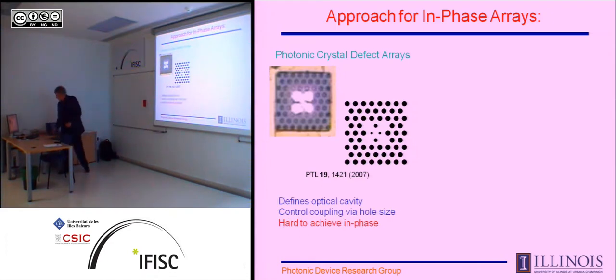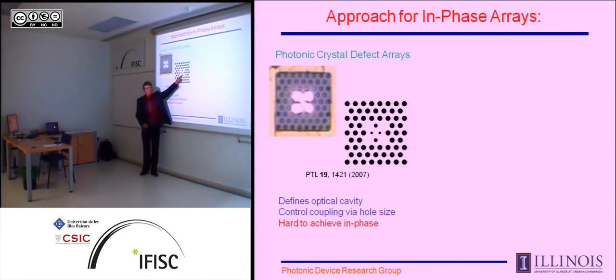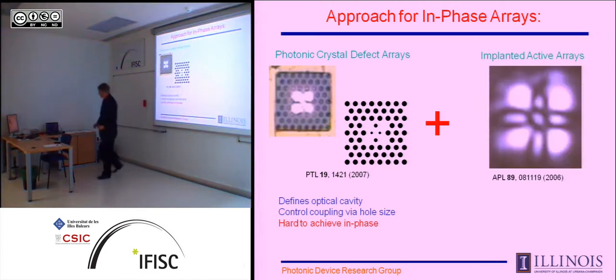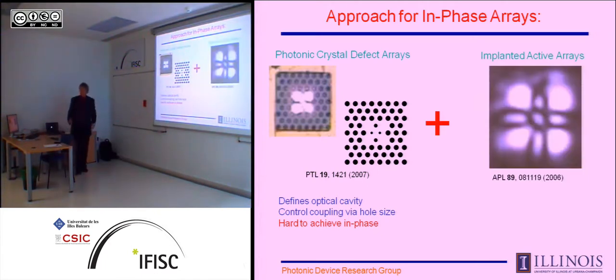And then we can combine, so we define the cavity, we control the coupling, but unfortunately this structure tends to emit out of phase because we have a discontinuity between the elements. There's a hole here. So basically the wave function wants to go to 0 there. So that'll give us this out of phase condition. But what we can do is combine that with an ion implantation.